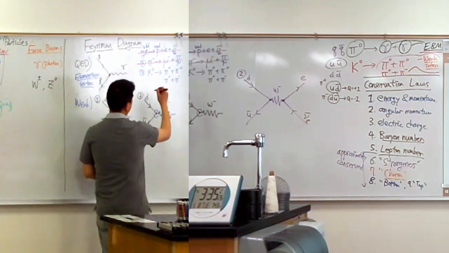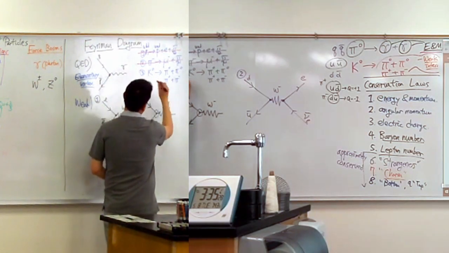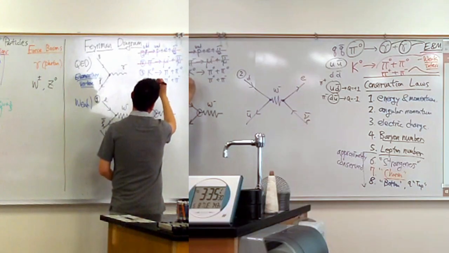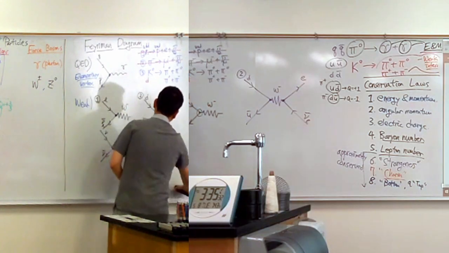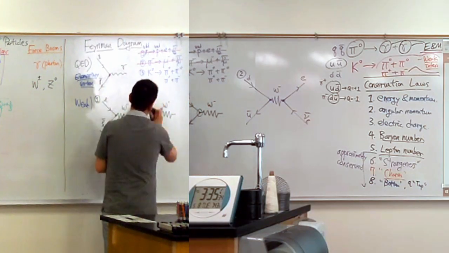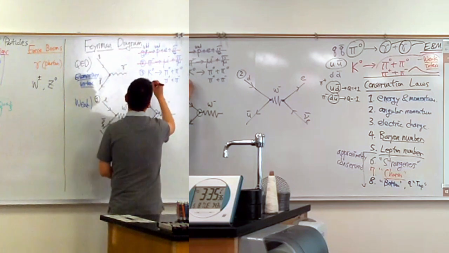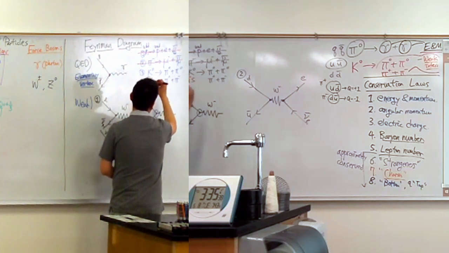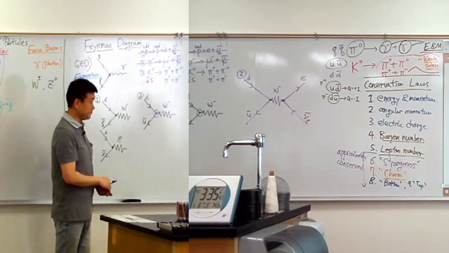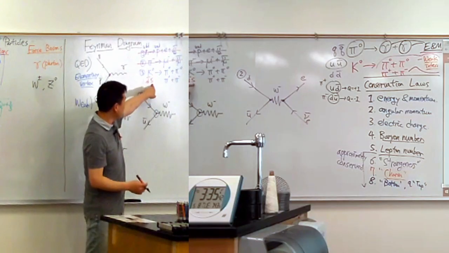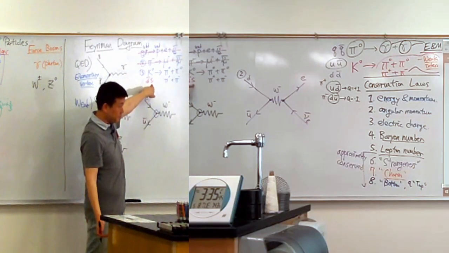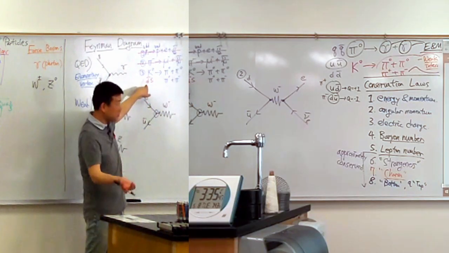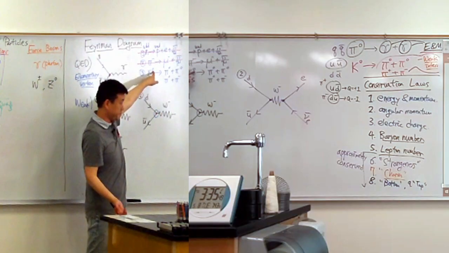The quark content of the neutral K meson would be a down quark. No, I might be messing this up. It's an anti-down quark and a strange quark. I know the strange quark has charge of -1/3, so I need the anti-down to cancel out the charge and give me a neutral charge.